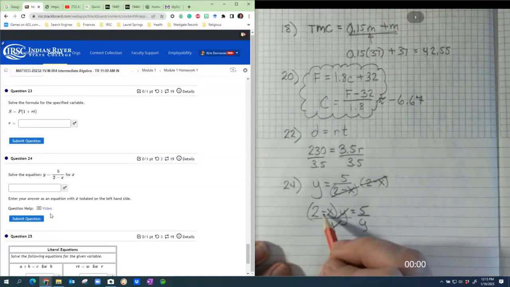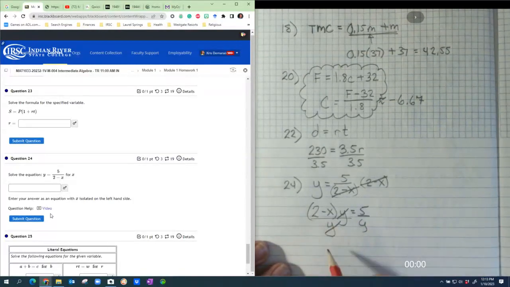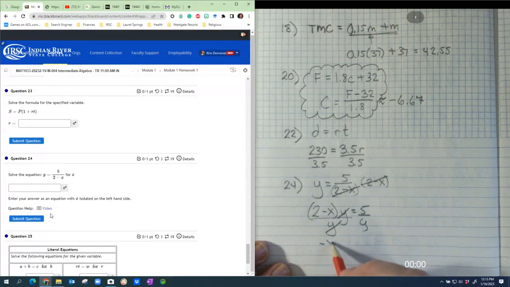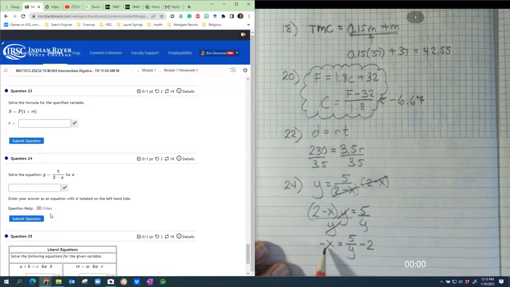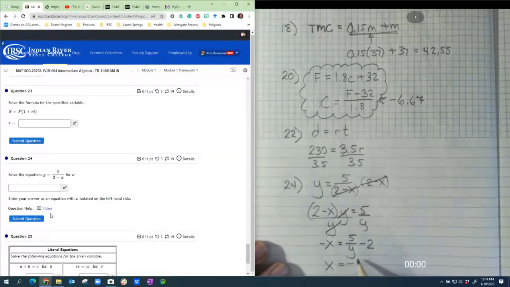Then I'm going to subtract the 2 from both sides, because I'm trying to isolate the x, get the x by itself. But because this is negative, I want to switch the signs of everything. I'm falling off that frame almost, guys. So I have this as the answer.